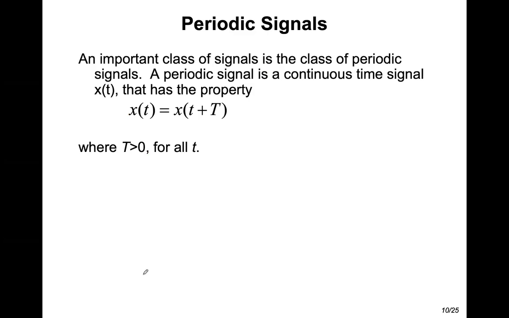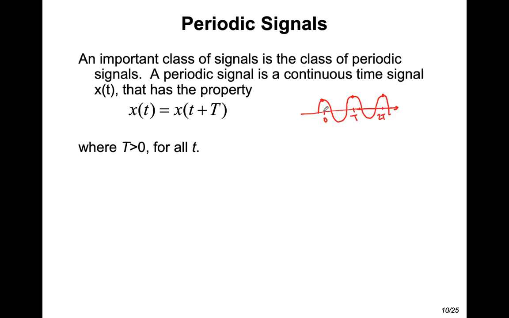Periodic signals repeat themselves at every certain time period, okay? For example, a sinusoidal signal, as I mentioned before, this is my sample sine wave. It will repeat itself at every t seconds. This is 0, this is t, this is 2t, okay?